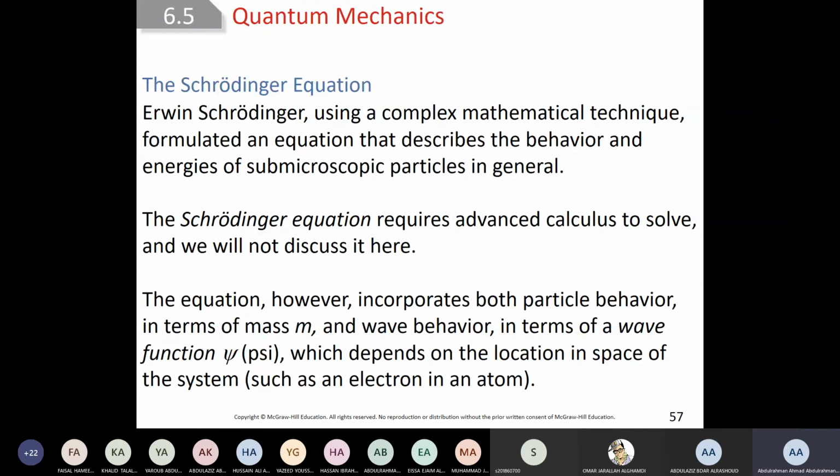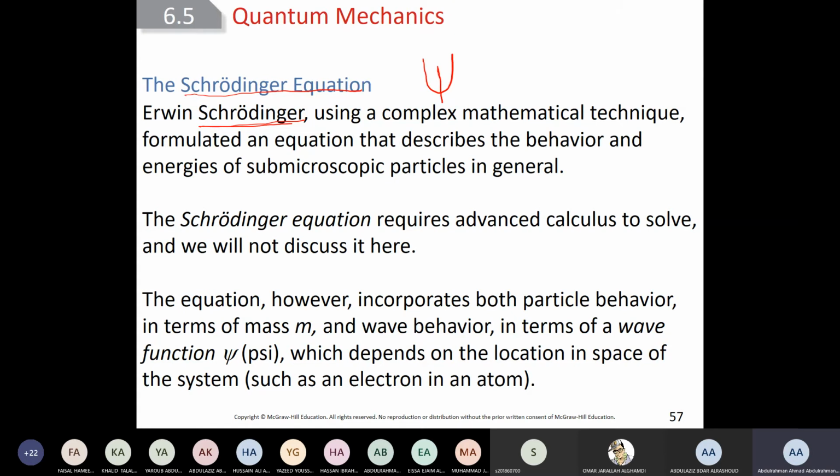Okay, the last thing we'll talk about today before we leave is another very important equation, called the Schrödinger equation. I don't want you to know anything about it other than this symbol. This is the whole equation.